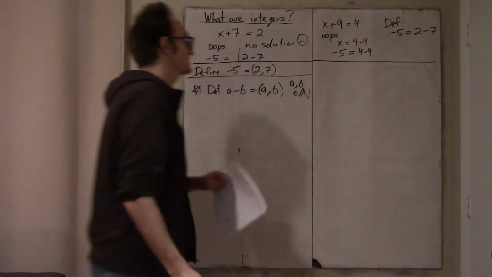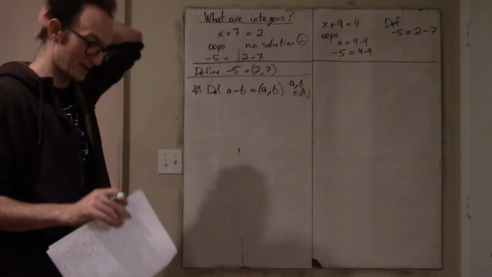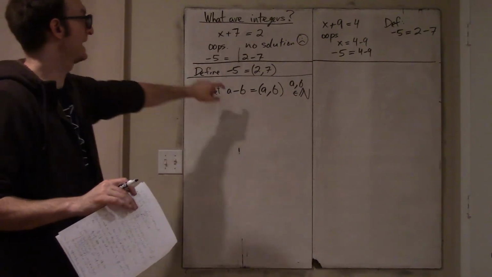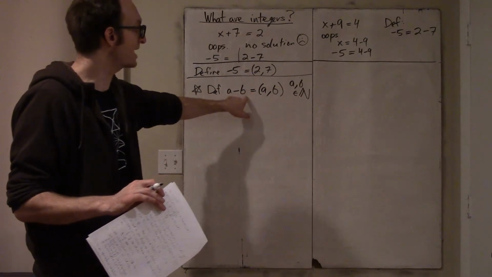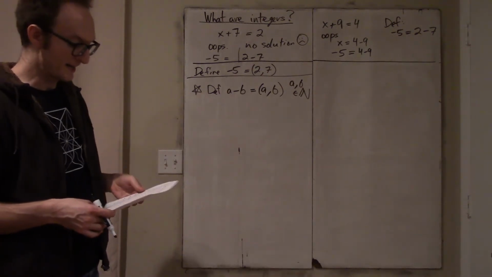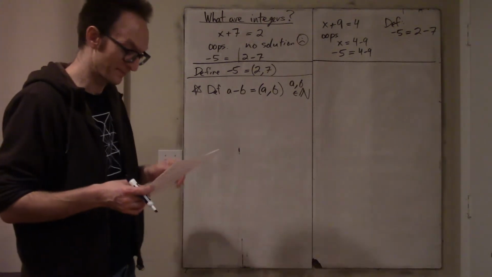So that's the understanding, that A and B are natural numbers. And now I want to extend subtraction into the case where B might be bigger than A.